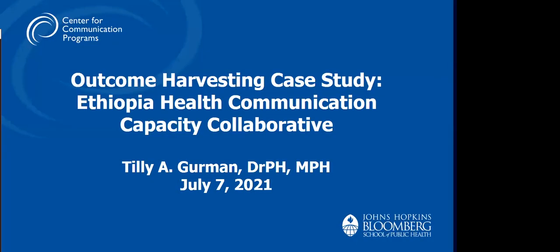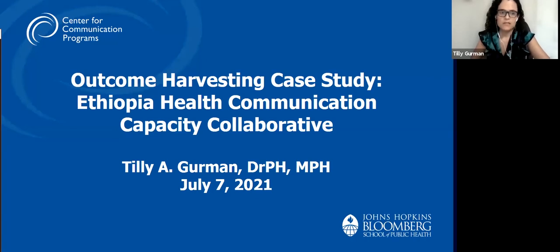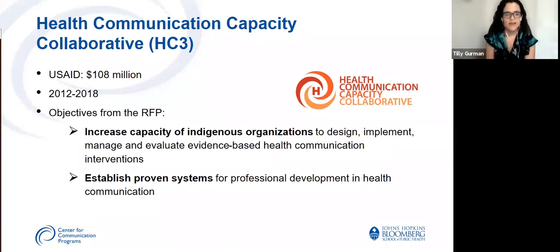Great, thank you. Thank you for this opportunity. Today I'm going to talk about some work that we did under the Health Communication Capacity Collaborative in Ethiopia. Go to the next slide, please. The Health Communication Capacity Collaborative, or HC3, is a project of over $100 million from 2012 to 2018.